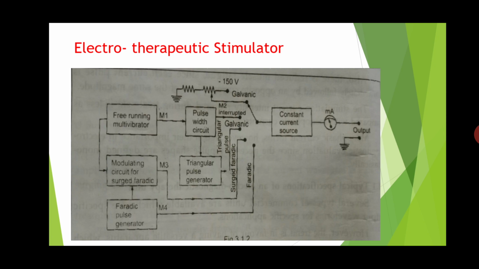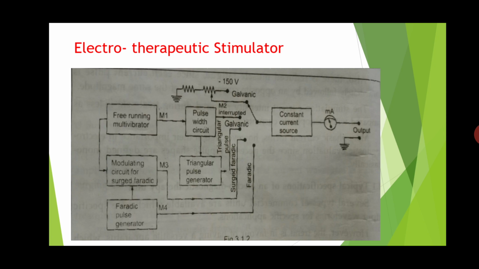That is the galvanic current, which is a constant DC current, or otherwise interrupted DC current. Faradic pulses, which are spikes, are used. Then exponential current pulses, rectangular current pulses, and surging current are used.